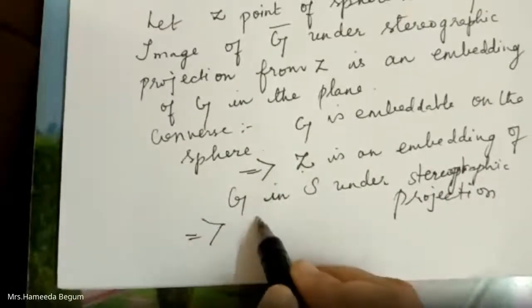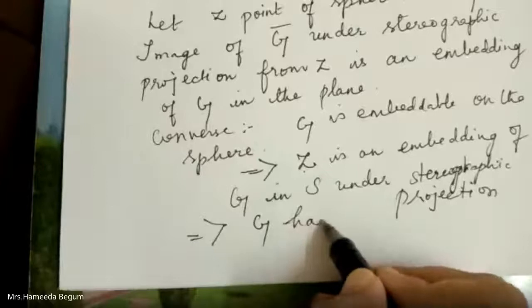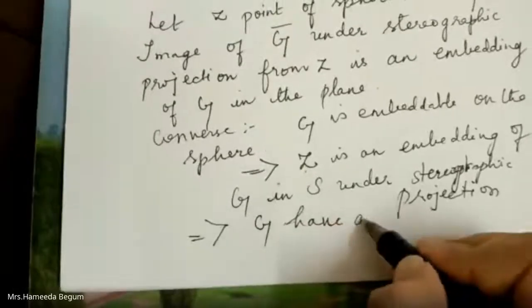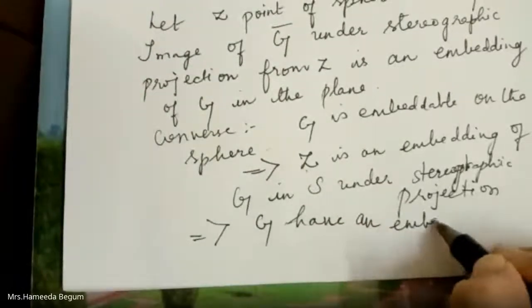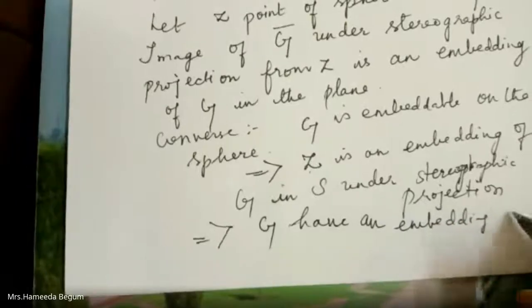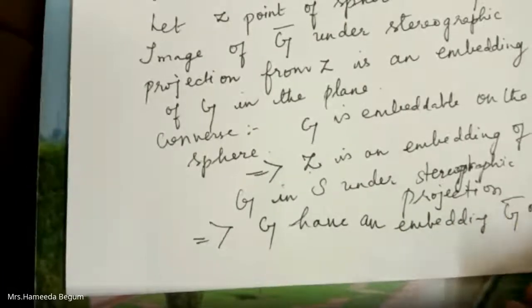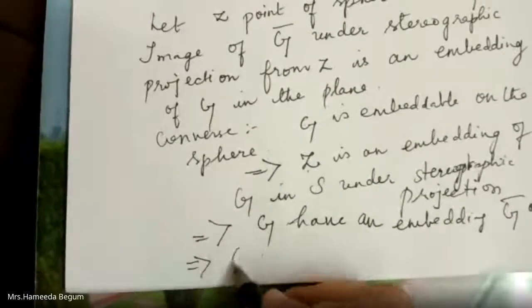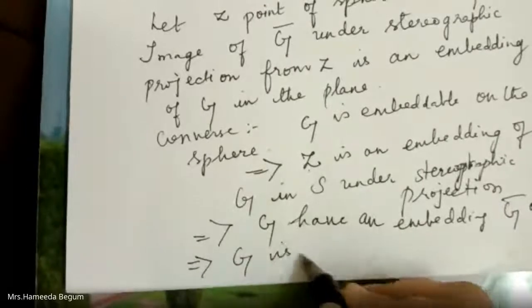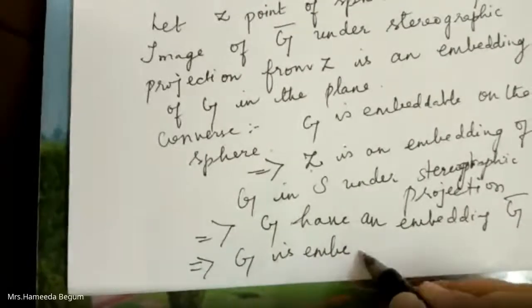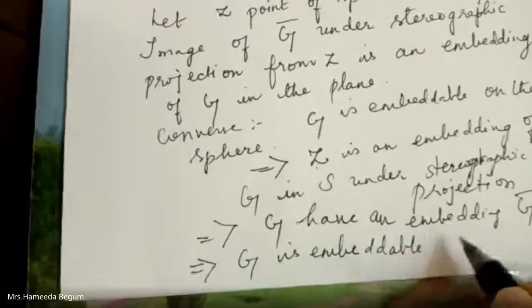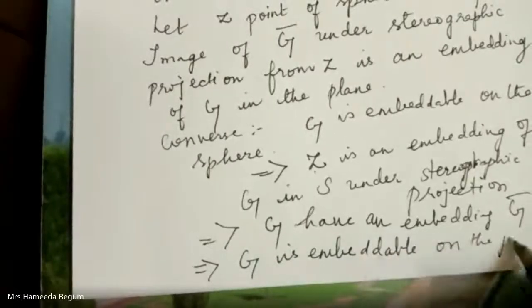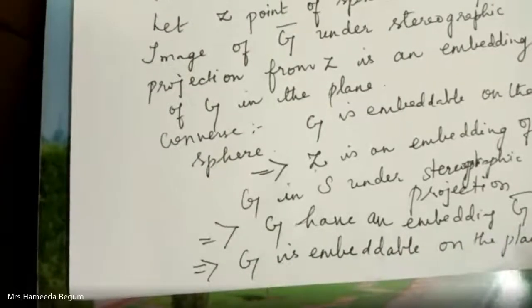So that will imply that G will have an embedding G bar on S. Therefore, G will be embedded on the plane. So G will be embeddable on the plane. So hope you have understood it.